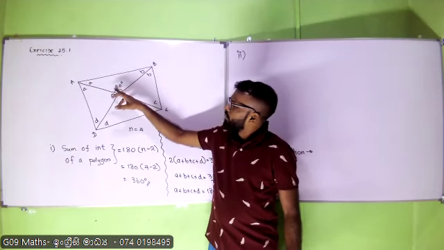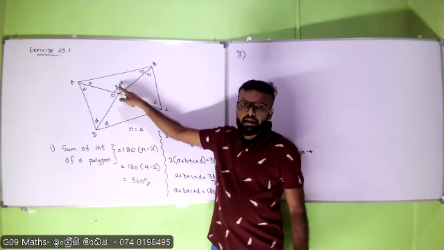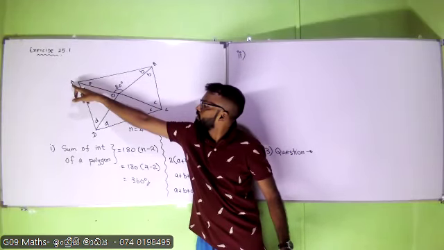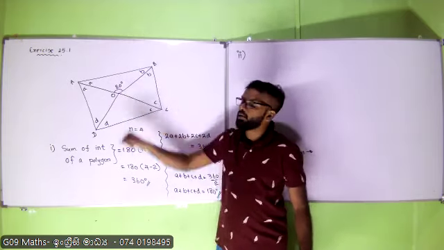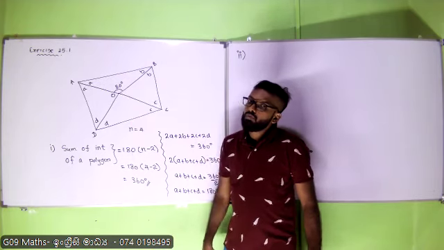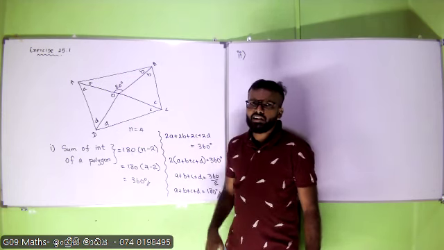Now you have been given that this angle is 80 degrees, so you can refer to triangle ABO. What can you say about the summation of interior angles of triangle ABO? You know it is 180 degrees.